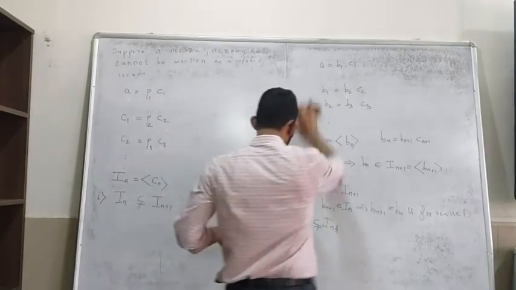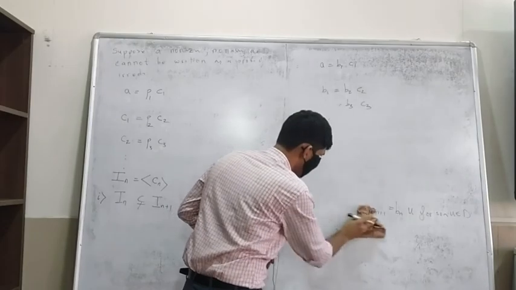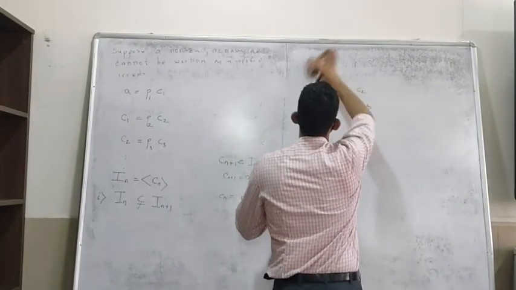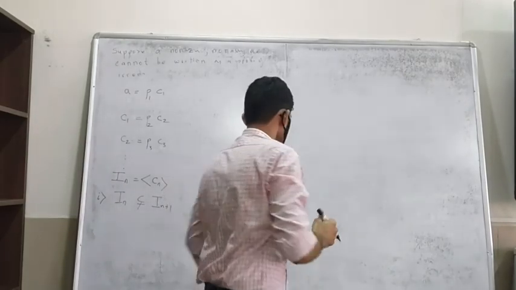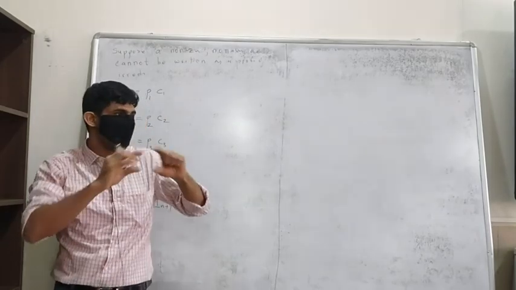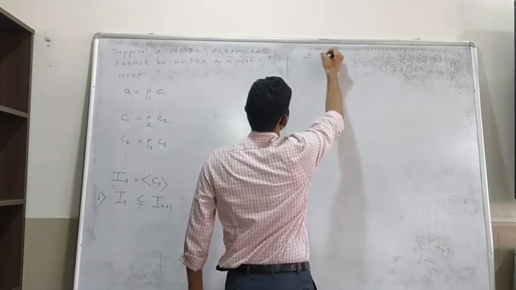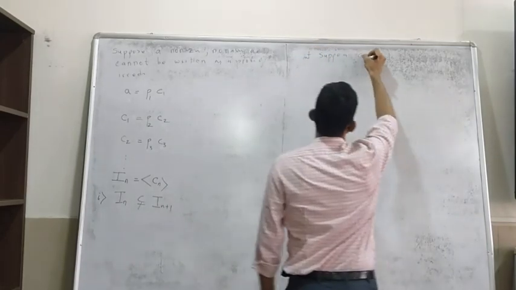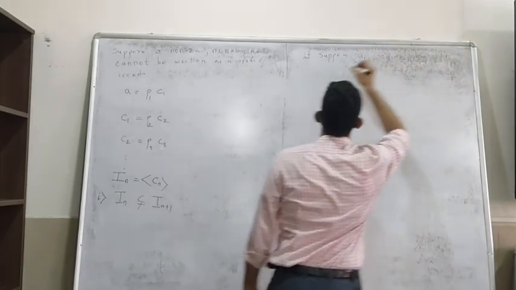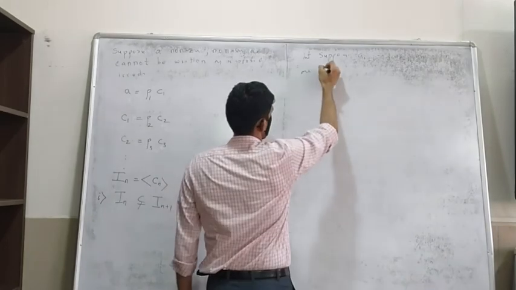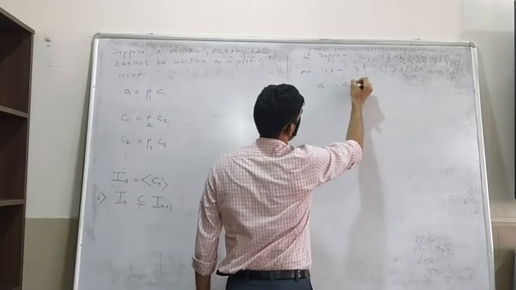So how do I prove uniqueness? Uniqueness is something that comes quite easily with the PID itself. What I need to show is, if I can write a product of primes in two different ways, suppose A1 up to An and B1 up to Bm are irreducibles such that A1 up to An is equal to B1 up to Bm.